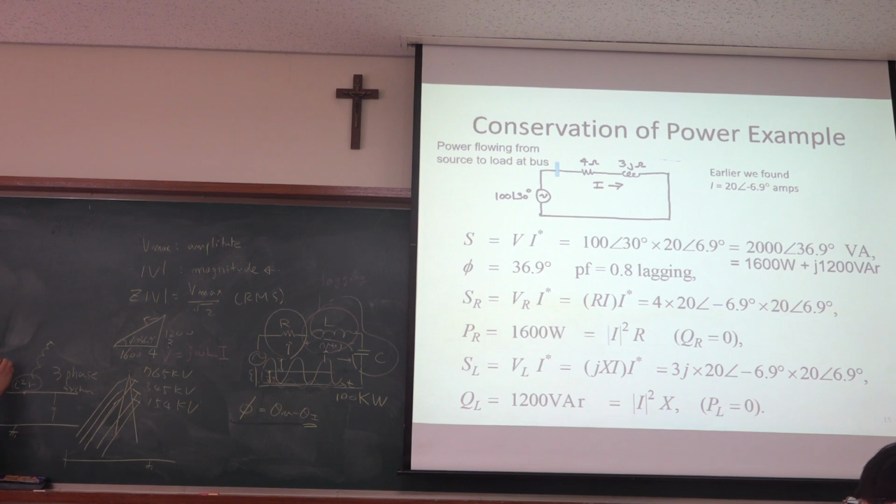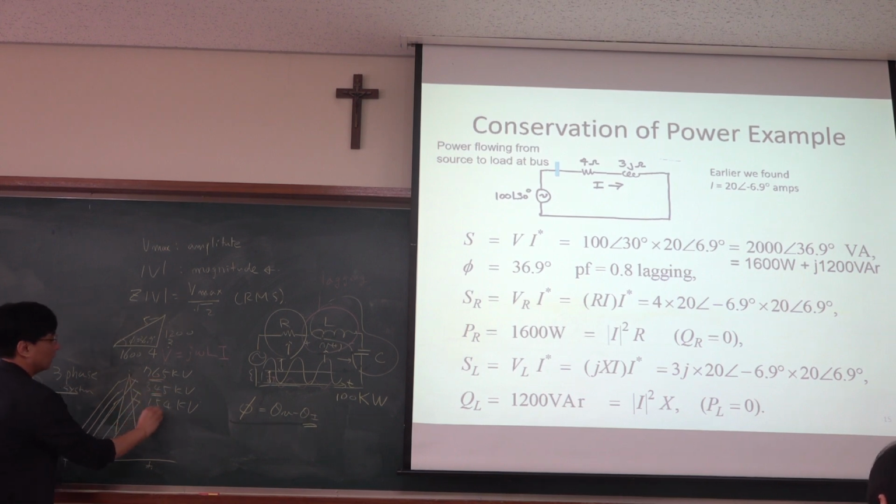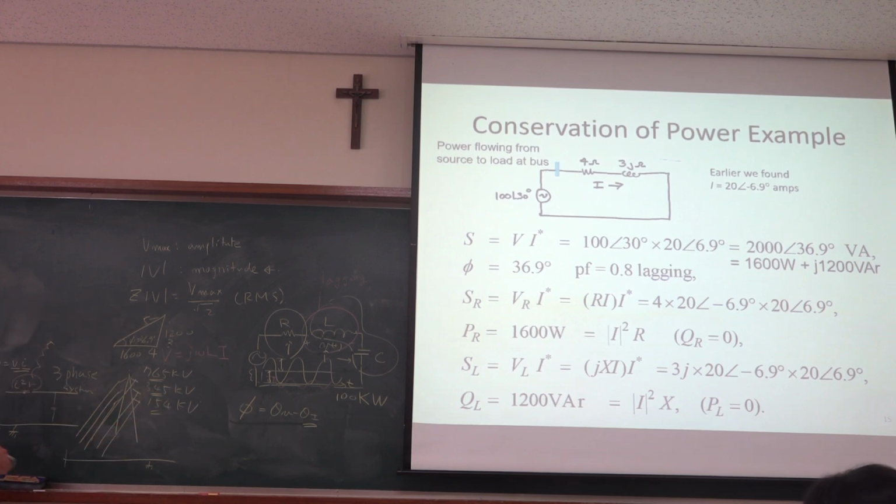The instantaneous power P is V times I. To deliver the same power, as long as this is the same, if we increase the voltage, we can keep the current low, and this I squared R can be small. So the reason we use this high voltage is to reduce the transmission loss.